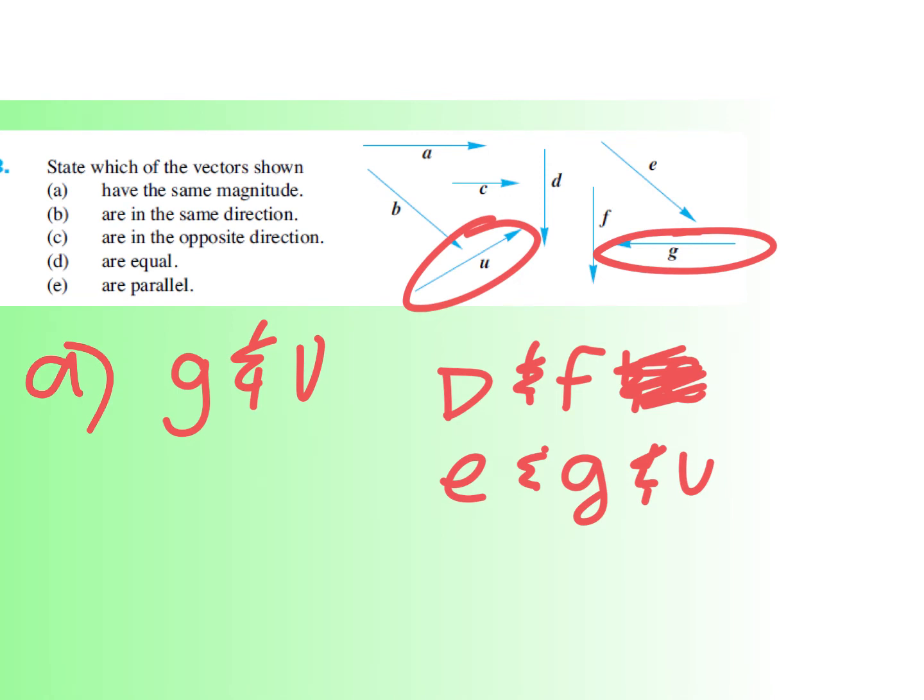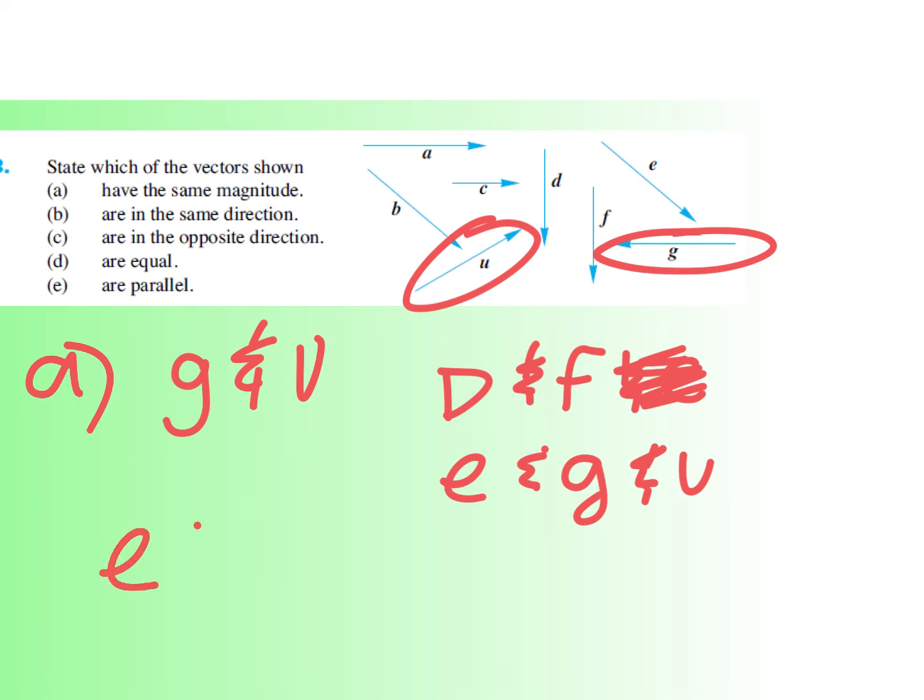Are they the same exact vector? No, because you have to be the same direction and the same magnitude. Are there any of those where it's not just the same magnitude, it's the same direction, and therefore they are exactly the same? Yes? E and B. E and B, they appear to be going the same direction and they appear to be the same length, and you check that length thing, right?